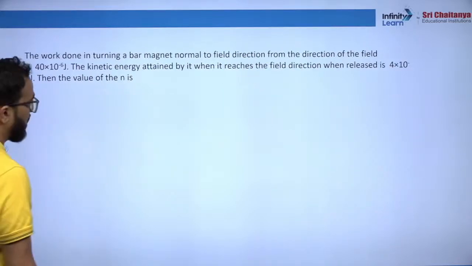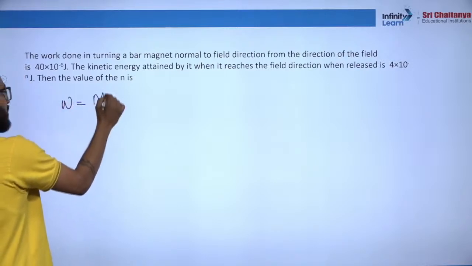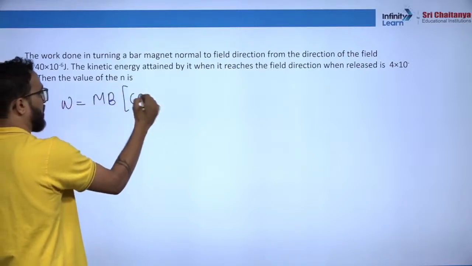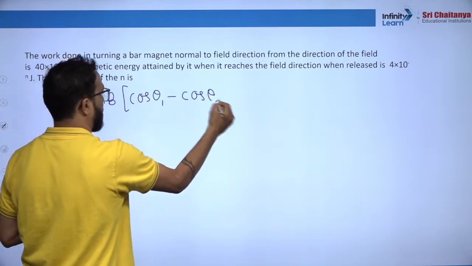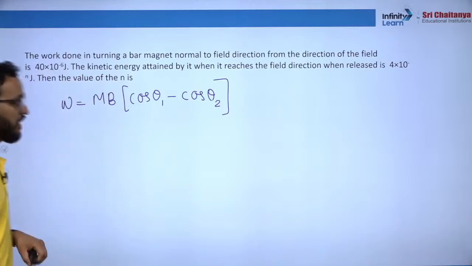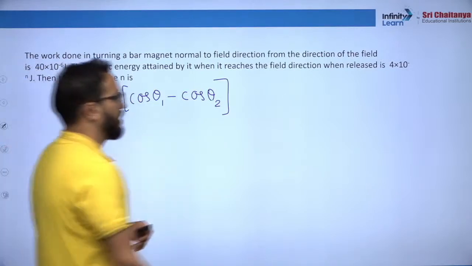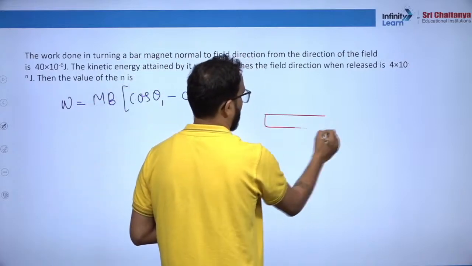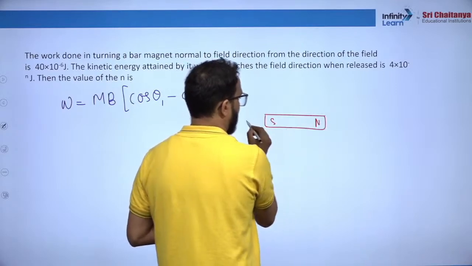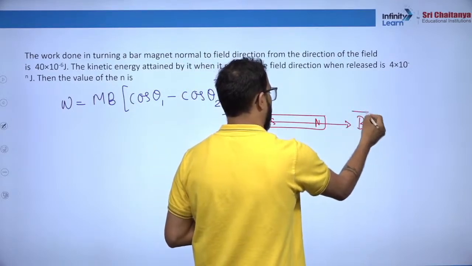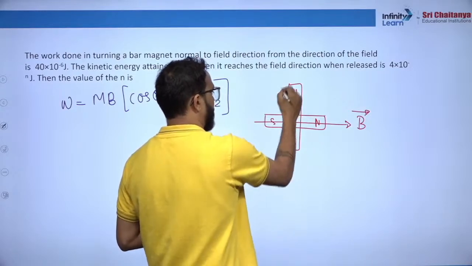The work done in turning a bar magnet. Achha, what is the formula of work done? Work done is MB (cos theta 1 minus cos theta 2), right? Now from where to where are they going? Theta 1, initially it is the bar magnet or electric dipole? Bar magnet. So the bar magnet is parallel to the external magnetic field, then it becomes perpendicular, right?